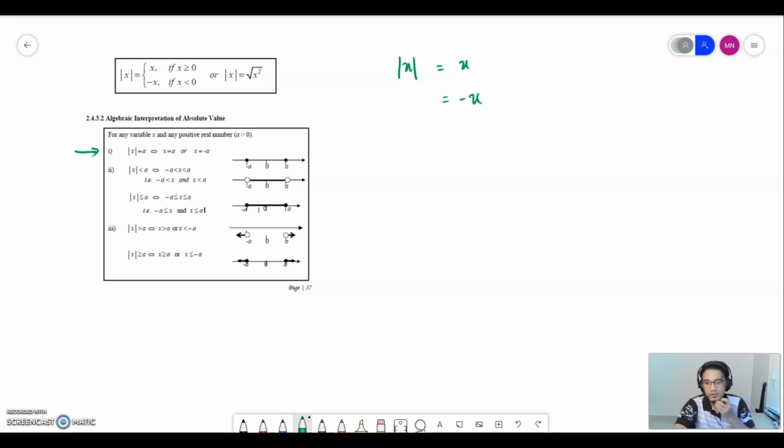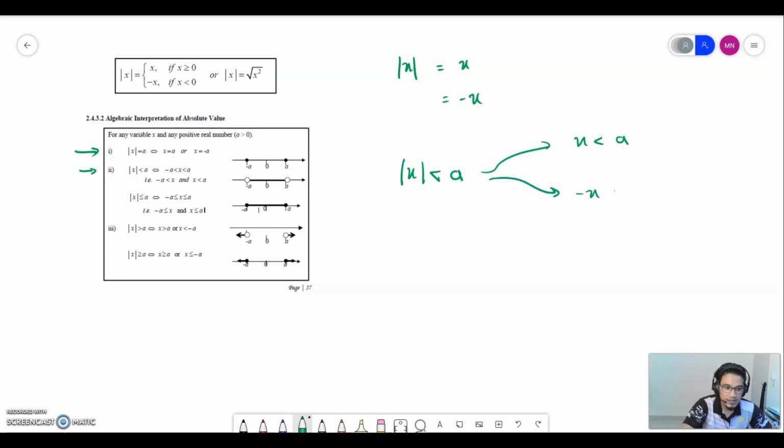What you need to focus on is the second and the third property of modulus. The second property tells us that when the modulus of x is less than a, it will give us x that is less than a, and it will give us negative x that is less than a.